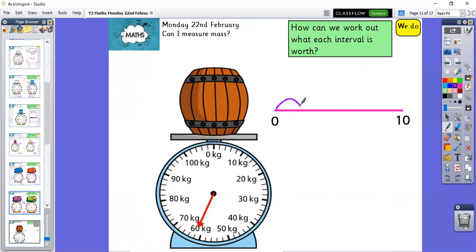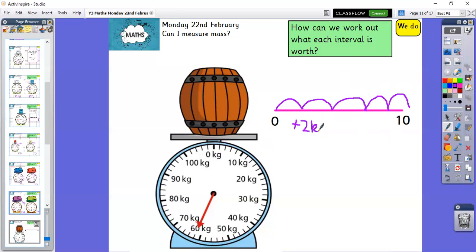So 1 jump or 1 interval of 2 kilograms, another jump here of 2 kilograms, that's 4, that's this one. Another one to take it to 6. Yeah. Another one to take it to 8, that's this one, and then one more to make it to 10. So each of these jumps, each of these intervals is plus 2 kilograms.